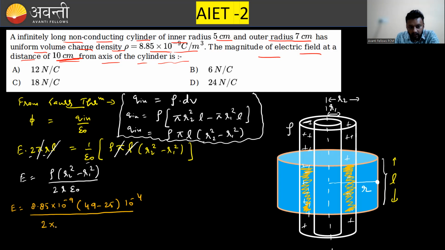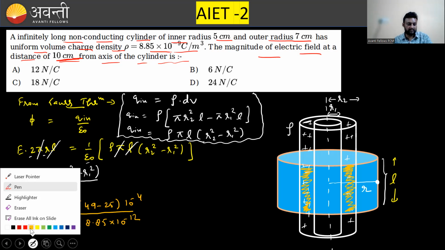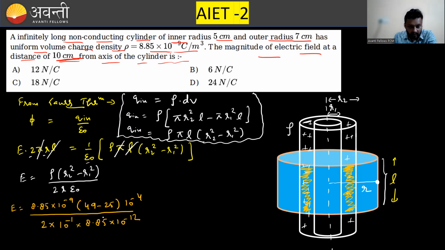2R. R is at what distance? 10 centimeter, which is 10 raised to the power minus 1. Epsilon naught is 8.85 into 10 raised to the power minus 12. Now you can cancel out the things here. This 8.85 will be cancelled. Very good.